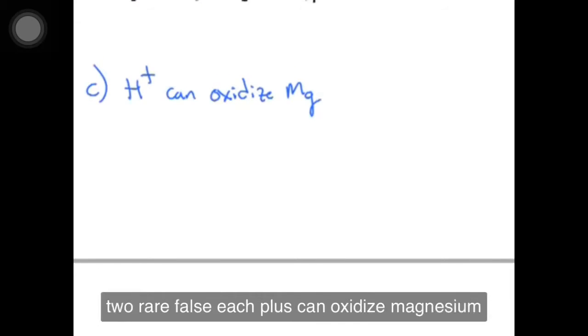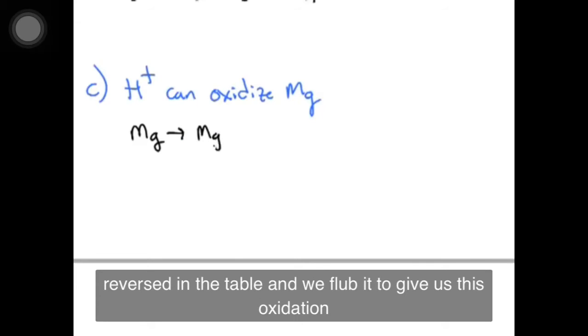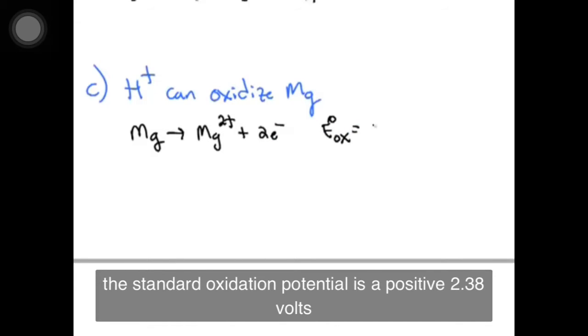And then for part C, true or false, H plus can oxidize magnesium. So the magnesium is being oxidized, we find that reversed in the table and we flip it to give us this oxidation. The standard oxidation potential is a positive 2.38 volts.